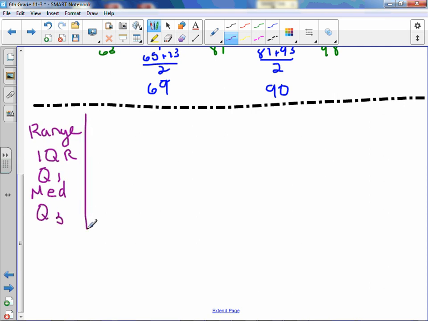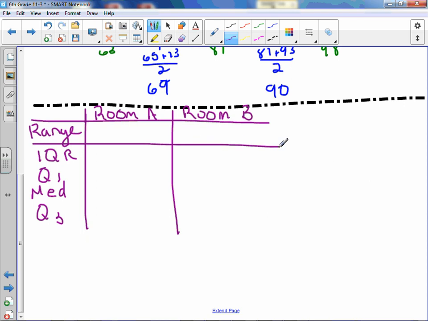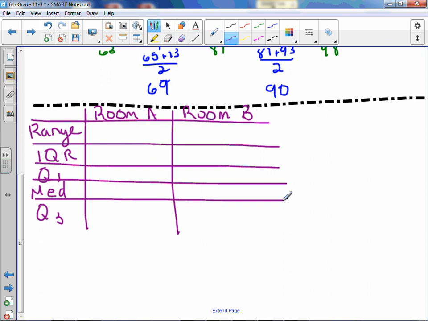And what we're going to do is find these values, or record these values, for room A and for room B. You don't have to do a table. I just find it a lot easier to organize my information.